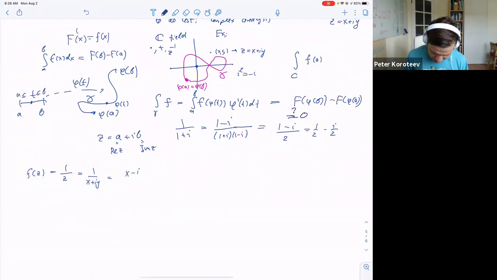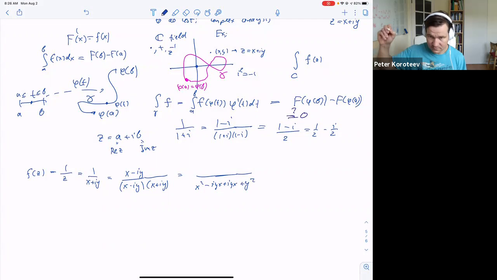So x minus iy. I just multiply and divide by the same thing. In the denominator we have x squared minus iyx plus iyx, and then plus y squared, because i squared is -1, and then there's another -1 from the minus in parentheses.